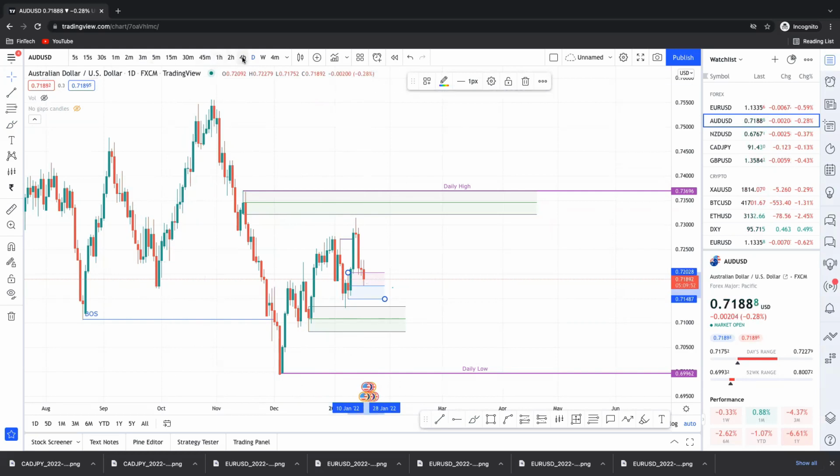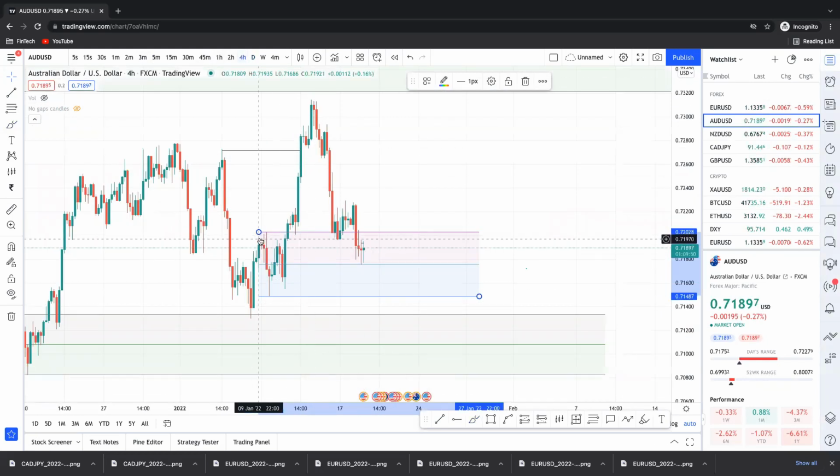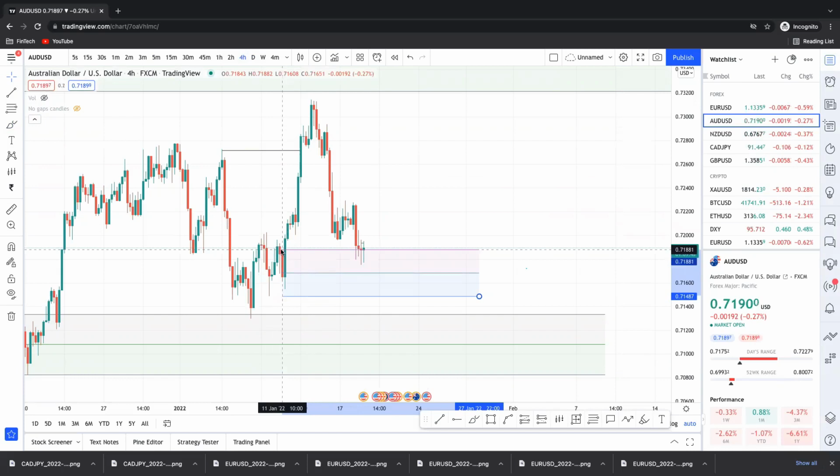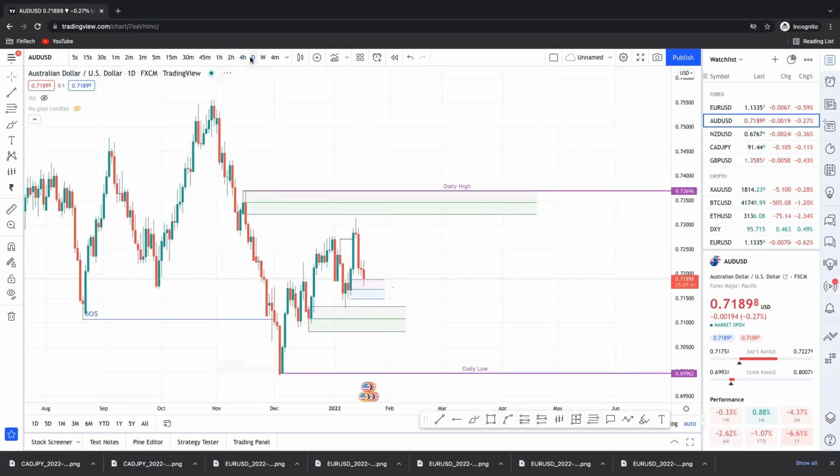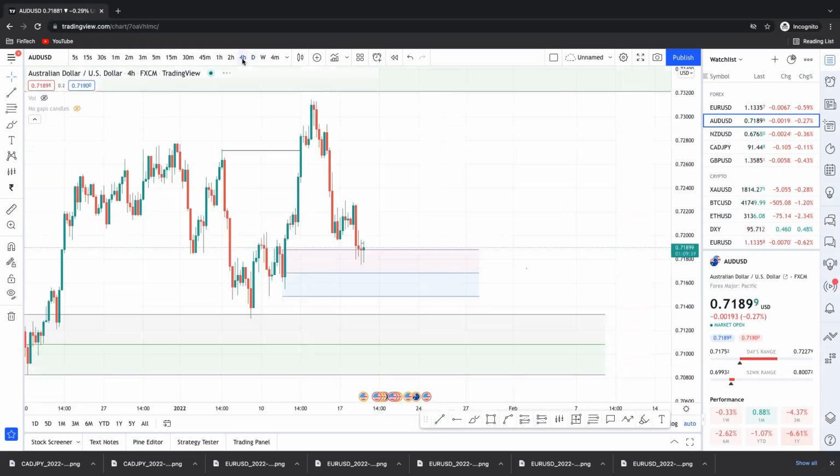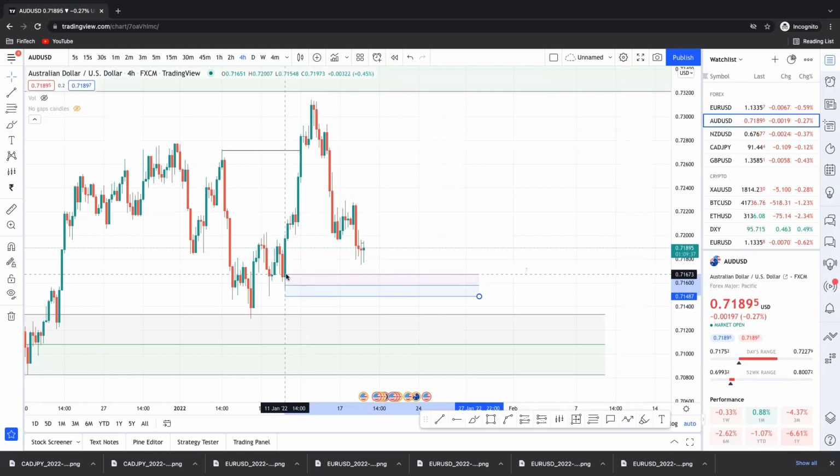And you can go on 4 hour and refine this to this one. Yeah, so that was actually the refined one from the 4 hour. Or you can have this wick to be refined, to be accurate.